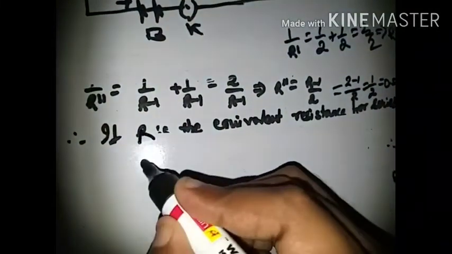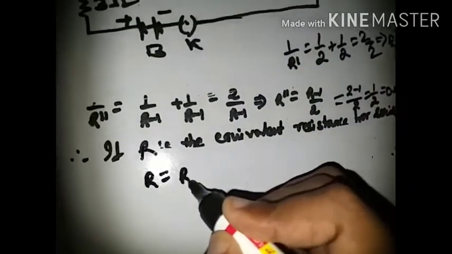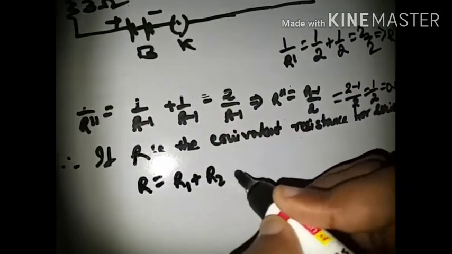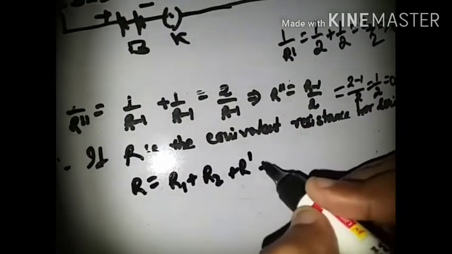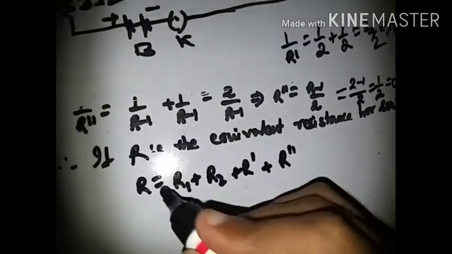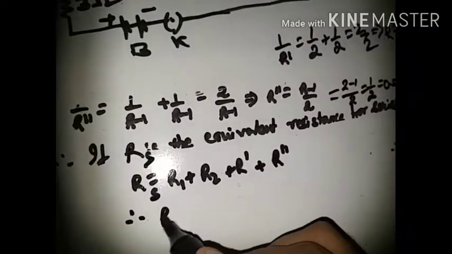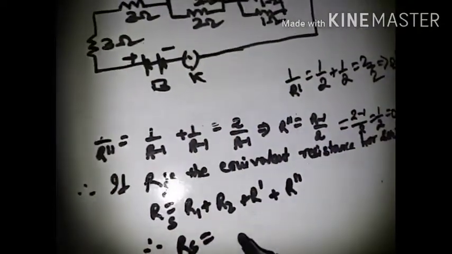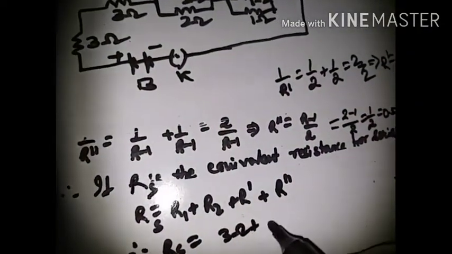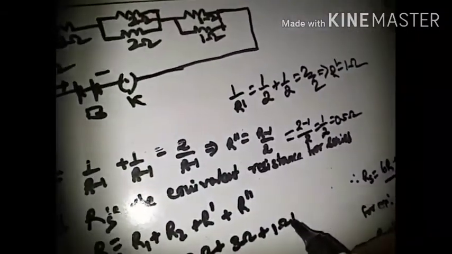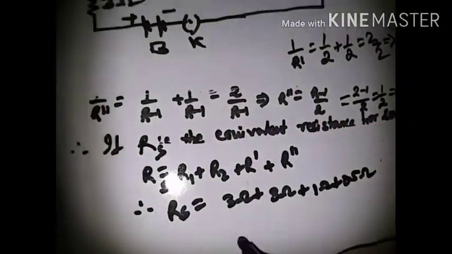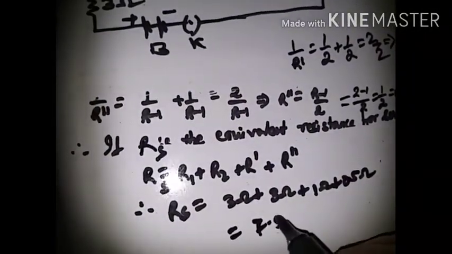So R1 plus R2 plus R dash plus R double dash. Let us put the subscript S. Now Rs will be equal to 3 plus 3 plus 1 plus 0.5 ohms. On adding, you get 3 plus 3, 6, 6 plus 1, 7, 7.5 ohms.